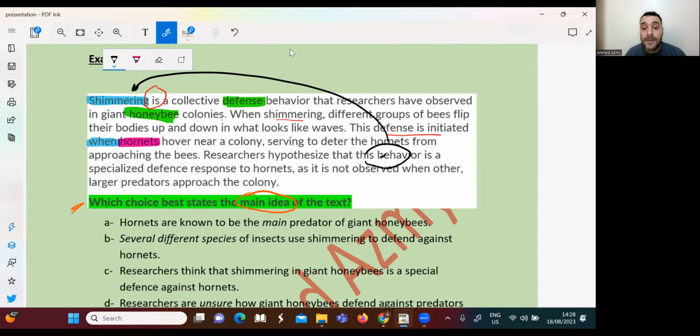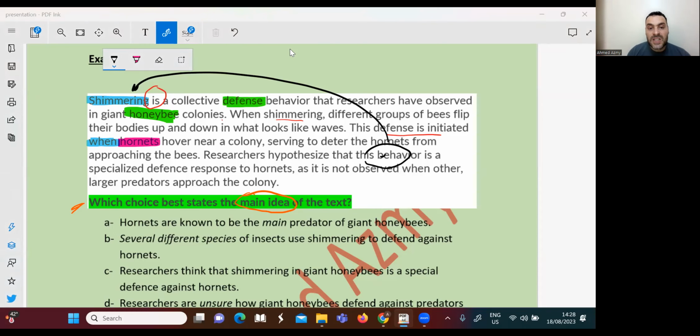We will read the whole last sentence and write the most important adjective that conveys the message. Researchers hypothesize that this behavior is a specialized defense response to hornets, as it's not observed when other predators approach the colony. Where are the rest, guys? We want to see the answer. If you don't type, you're not concentrating.